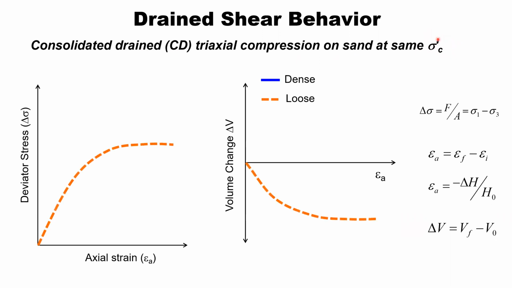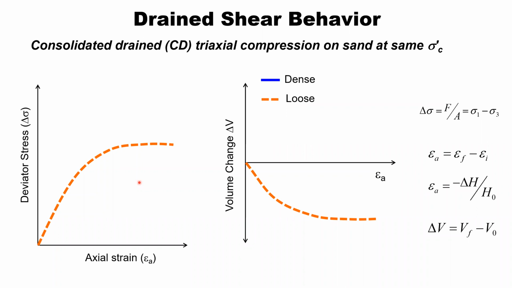So let's start with loose sand behavior. I like to use my knuckles as an analogy here. We have a loose sand. You can picture that as your knuckles being relatively far apart here. As we shear that soil, your knuckles want to fall into the open space that was existing there.